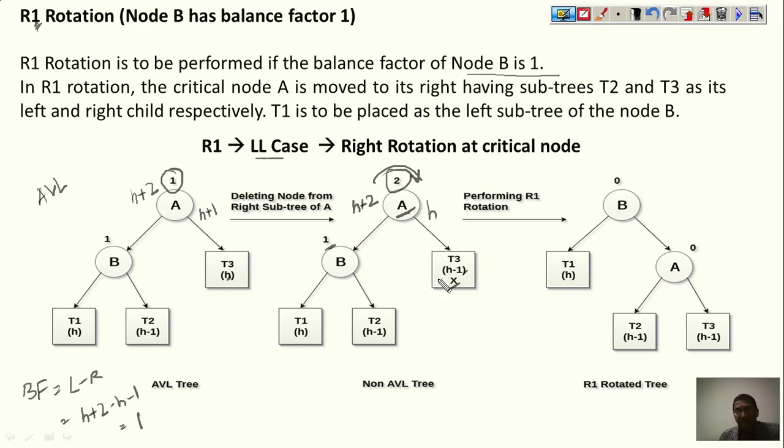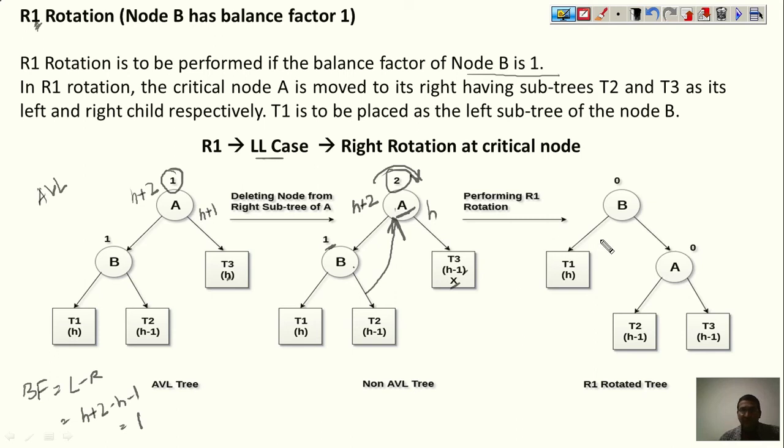If you want to do the direct rotation, B is going to become the root node, and you simply attach this part as a left subtree, and this becomes the right child of B. So you can see here that B becomes the root, and this becomes the left of A, and our tree is now balanced.